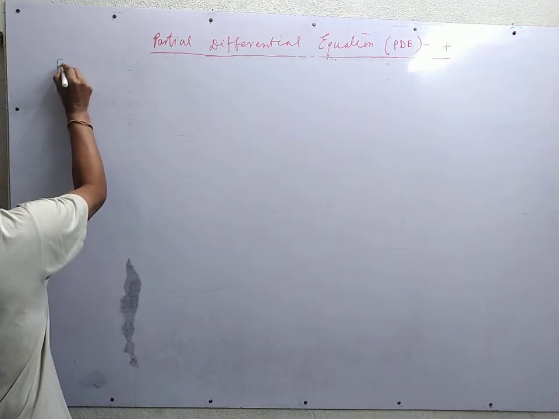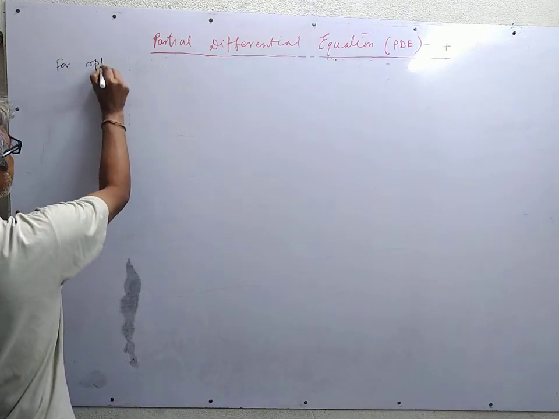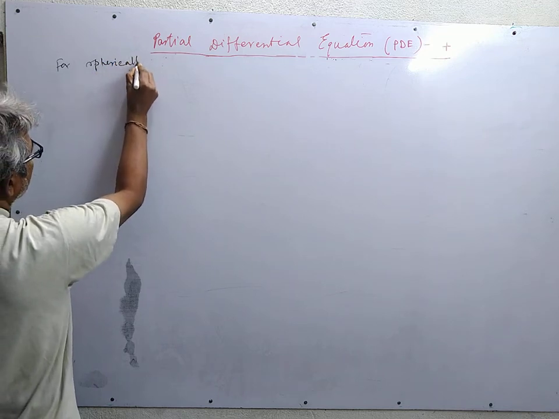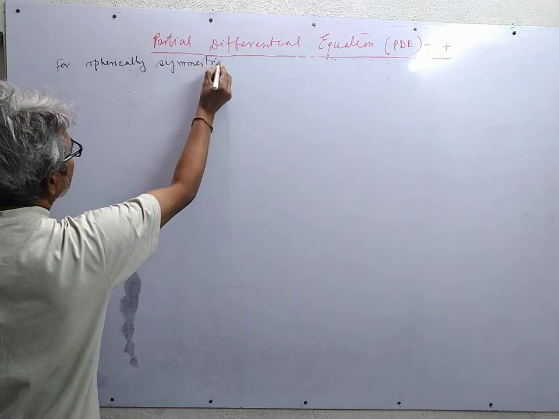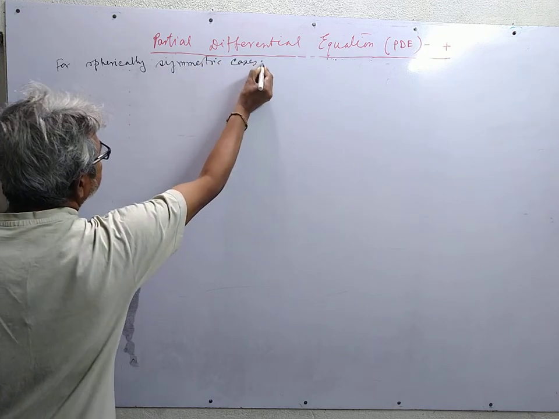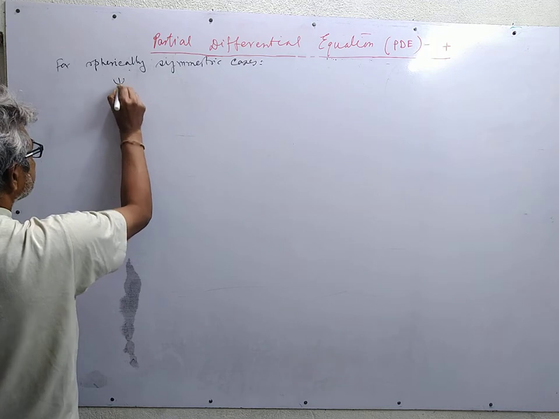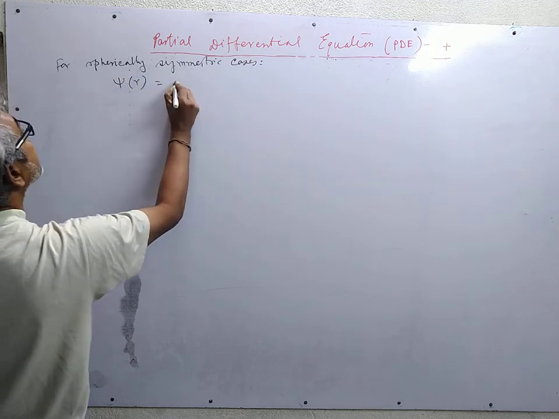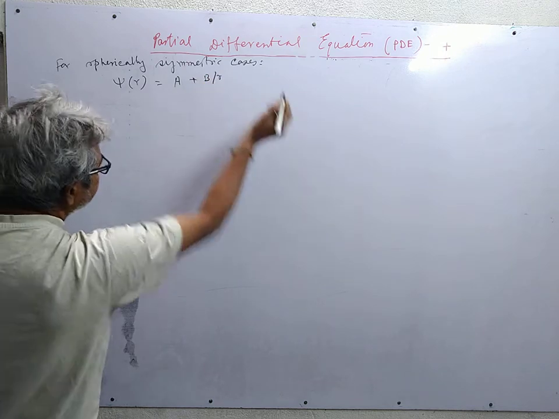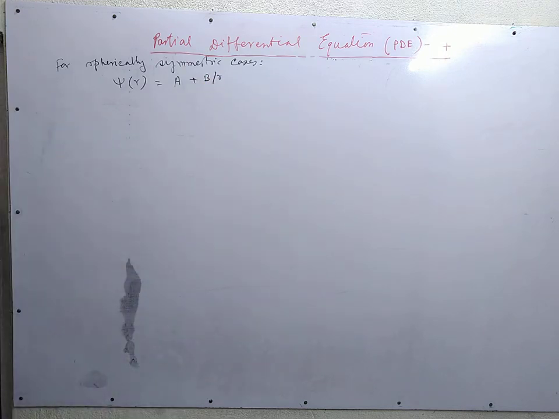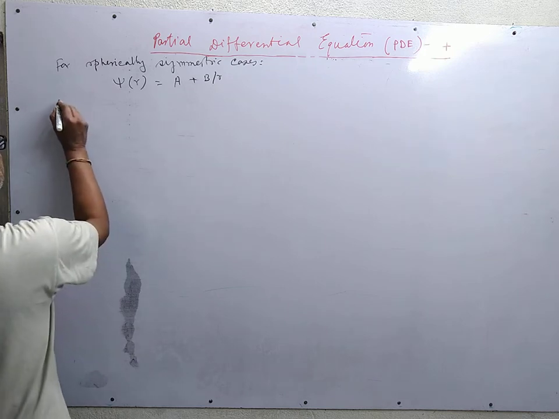For spherically symmetric spaces, the solution of Laplace's equation is a plus b by r. These are constants which are to be obtained from boundary conditions. So the first example that we are going to consider is the spherical capacitor.